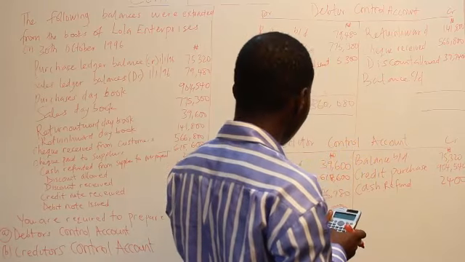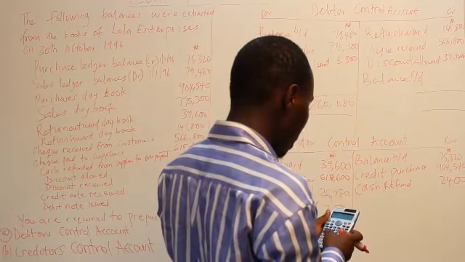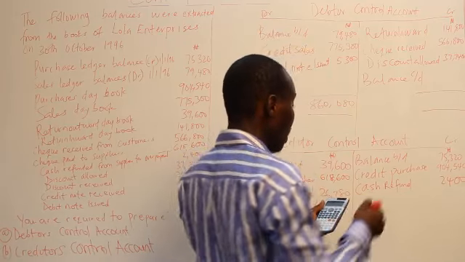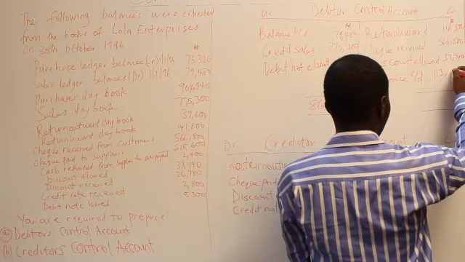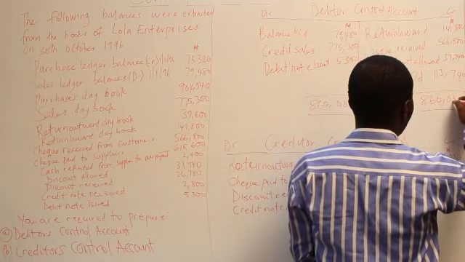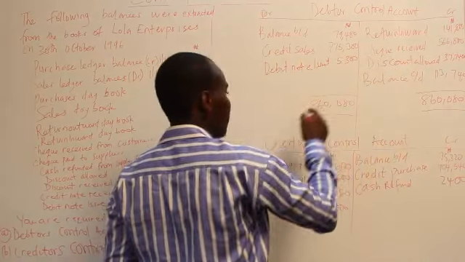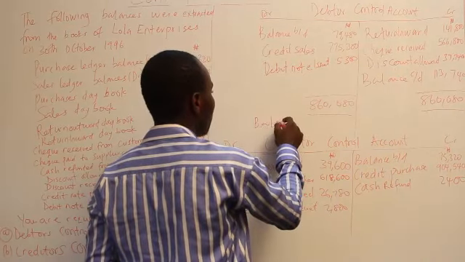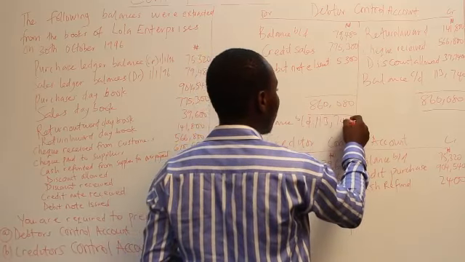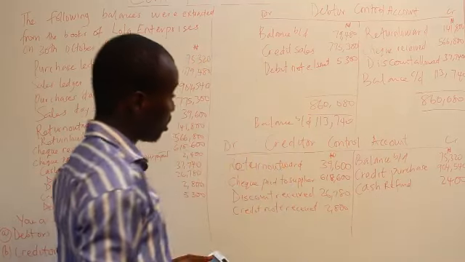That is 860,080 minus the total credit balance, then we have 113,740. So the account will balance. That is the balance of the debtors at the end of the period. So we have balance brought down 113,740. That's the balance of the debtors within the period.